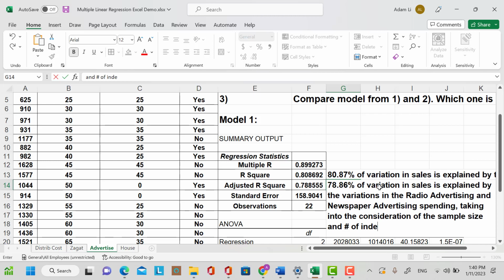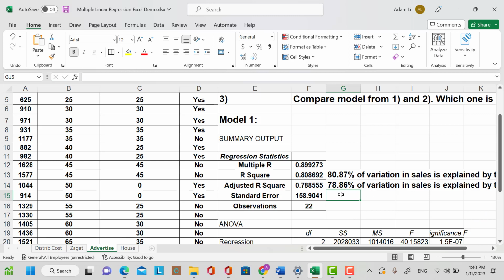This is a very important sentence. Adjusted R squared penalizes any additional independent variable used, and also gives us better feedback, a better measurement in terms of the overall model.